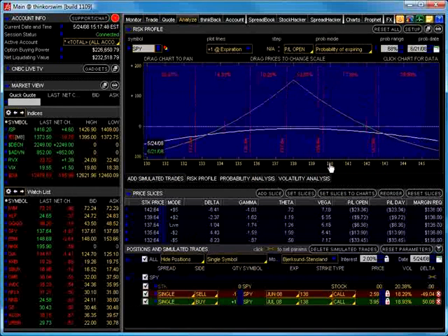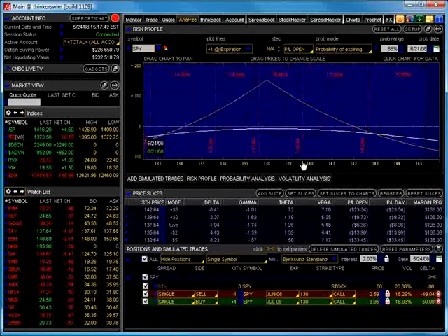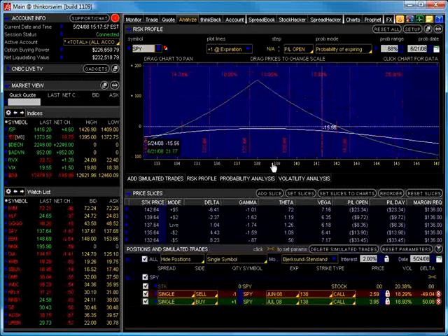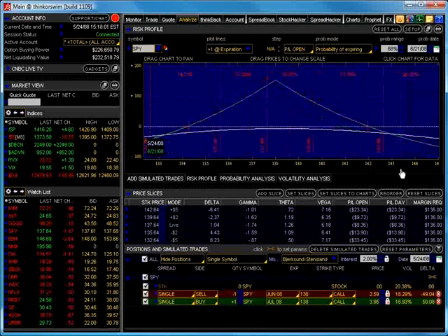This is what the graph of the profit potential of this position looks like when we have both the sale of the call and a purchase of the call in the next month out. The purchase of this call provides us with protection, because if the price were to move against us, we would have a limited loss on the position.